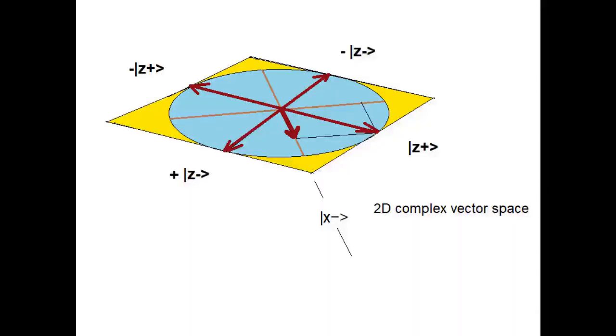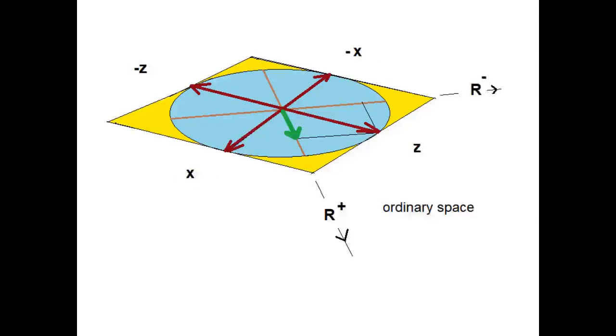And the reason the 2D complex vector space representation of spin correctly models spin is precisely because r plus over 2 has the same relation to z in real space as 1 over root 2 times the x minus ket has to the z plus ket in the complex vector space, and r minus over 2 has the same relation to z in real space as 1 over root 2 times the x plus ket has to the z plus ket in the complex vector space.